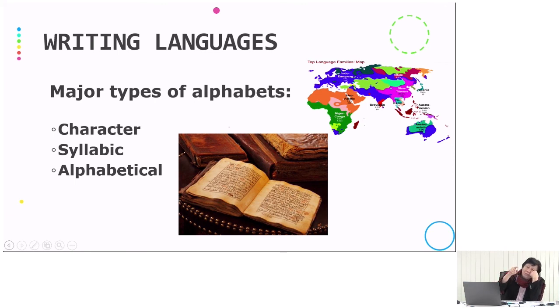For example, if you would like to represent person, instead of one form as in Japanese, you write down "ko" and then "no," "kon," right? And English is like M-A-N, one by one, like this, man. So these are the three major types of writing forms of the world.